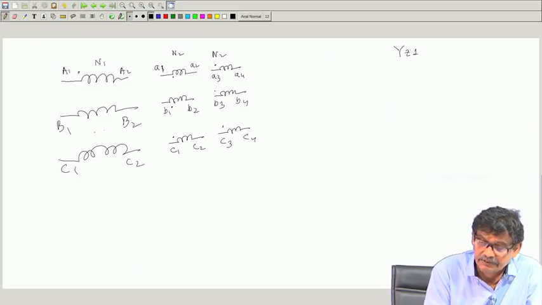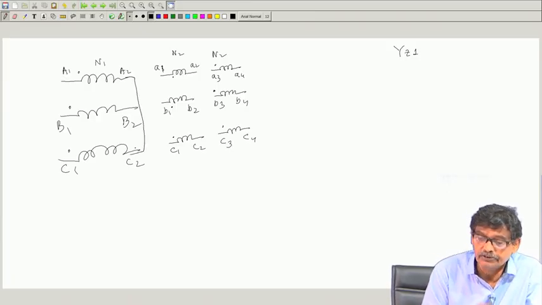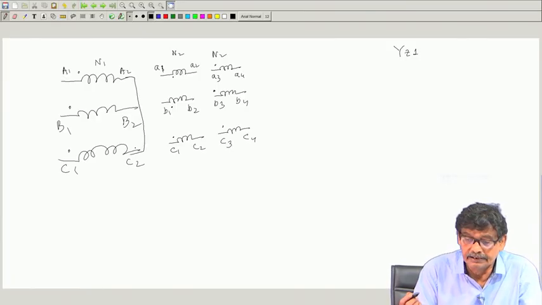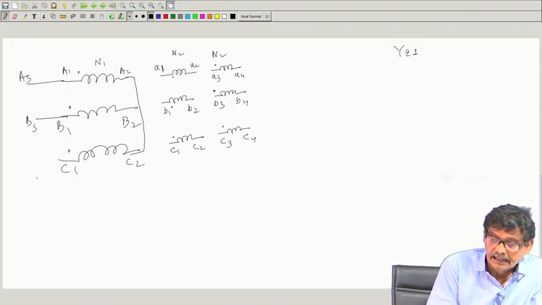This is one set, this is another set and this is another set. And suppose I connect these two in star, because primary is to be connected in star, then I will connect these two supply AS, BS and CS.